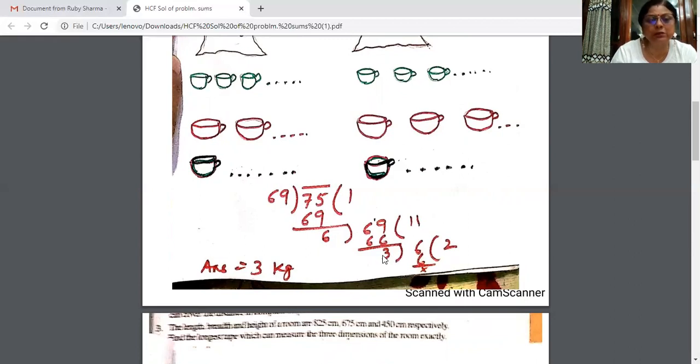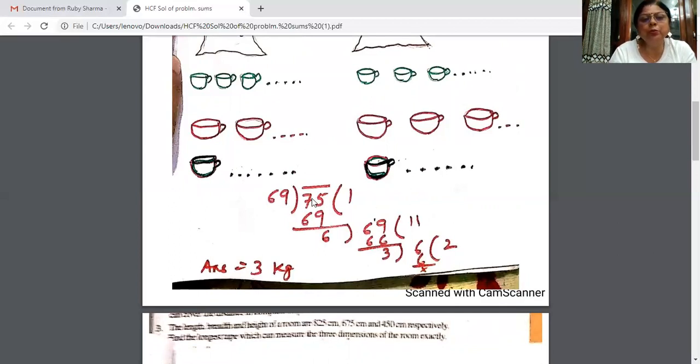So this is a factor, isn't it? Now 3 2s are 6. These are also factors, but the common factors are these. Okay. So now 6, the common factor will be this one. So 3 2s are 6. So 3 is a common factor of 69 and 75. In fact, it is the highest common factor.